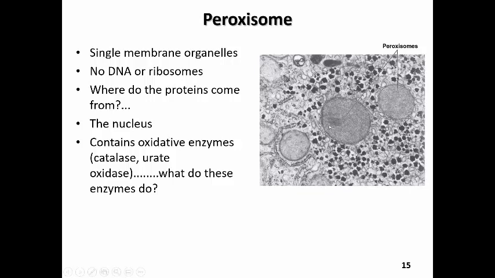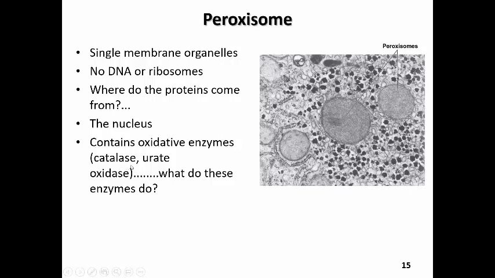And although there are many proteins, the proteins of consideration in this lecture are what we call oxidative enzymes. We see two such enzymes: catalase, which I'll address here in this lecture, and urate oxidase.